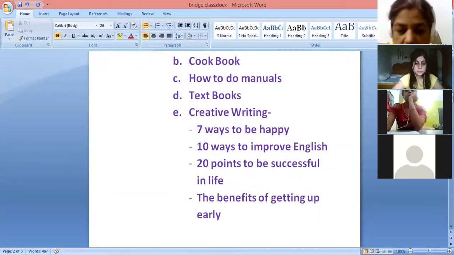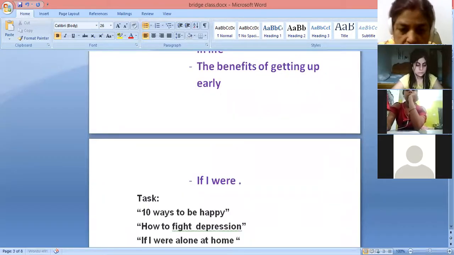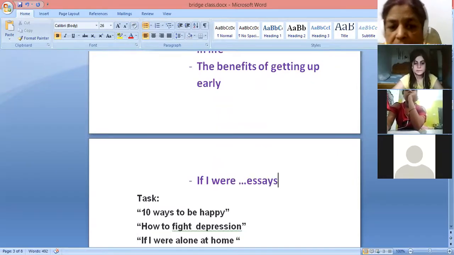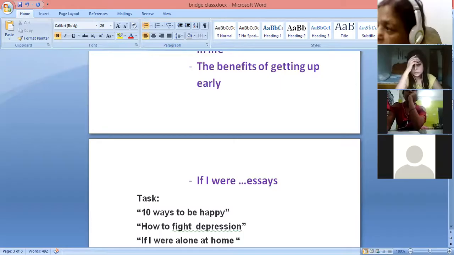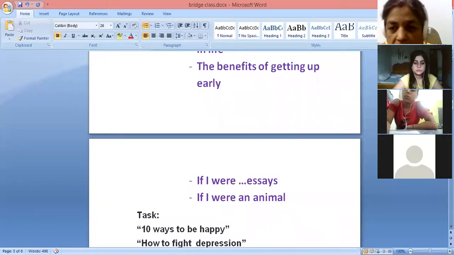And then there is another style of writing which is also under expository, the "if I were" essays. So what are these "if I were" essays? If I were an animal, which animal would I choose to be?